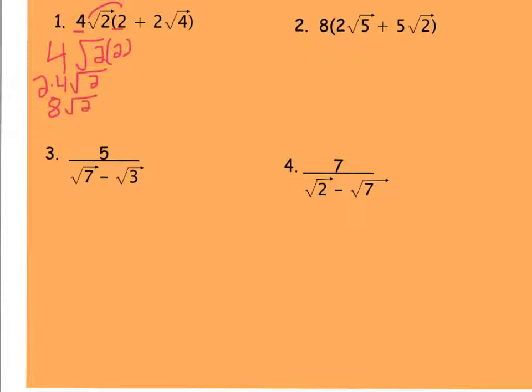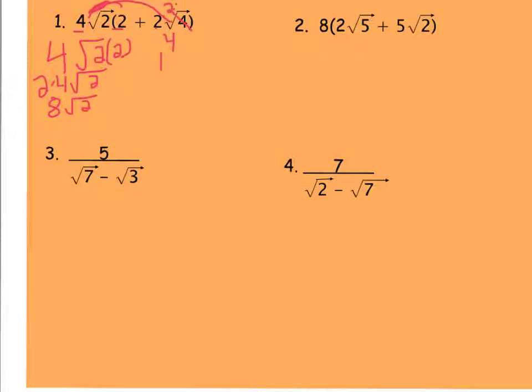Next, before I start here, I know that the square root of 4 is 2, so what I could do is cross this off and make it 2, and then just do 2 multiplied to 2. That's 4. So now what I can do is do 4 square root 2 times 4.